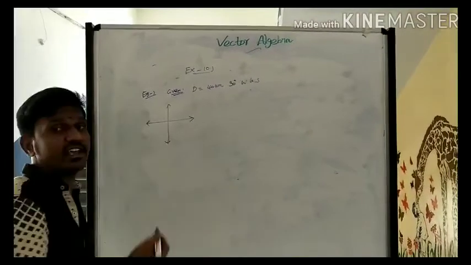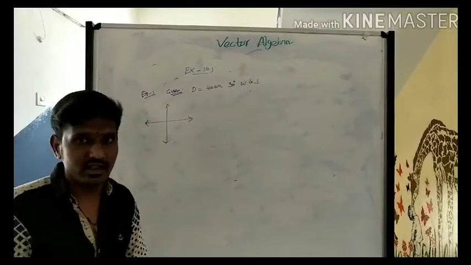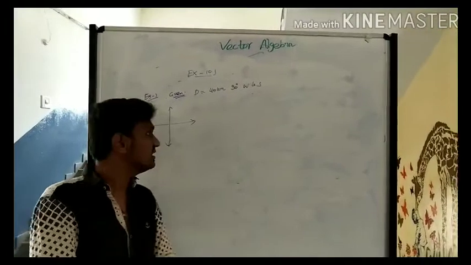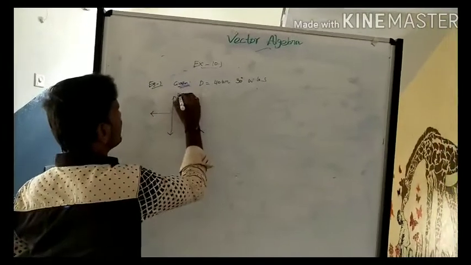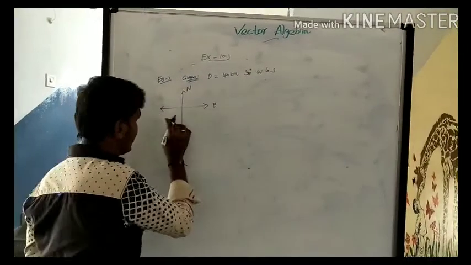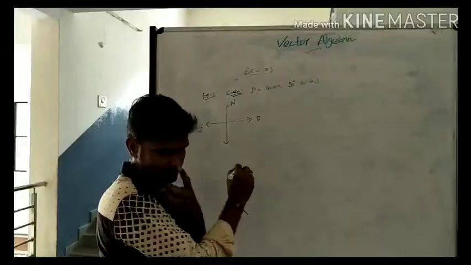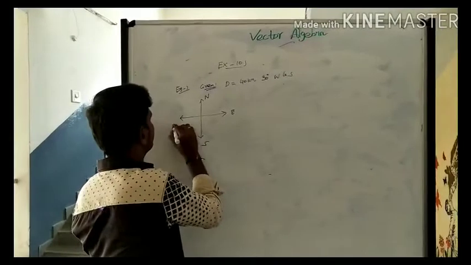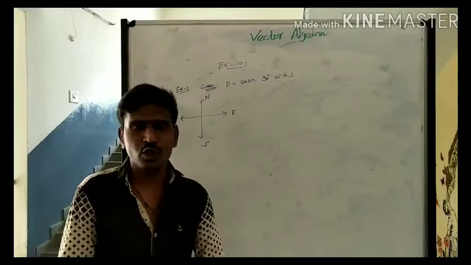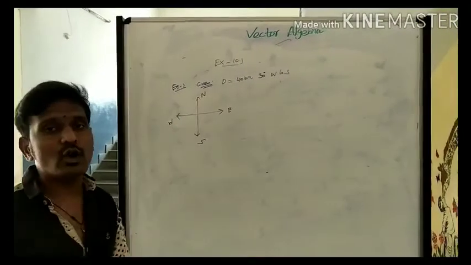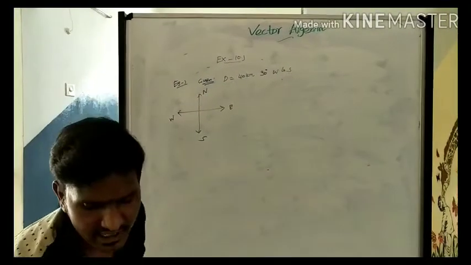Have you seen this diagram? Yes, in many places. In 10th standard, you have social studies, we are using it in many ways, so already you know this. North, east, south, west. So these are your normal directions. For the given data, we have to draw and represent it graphically.